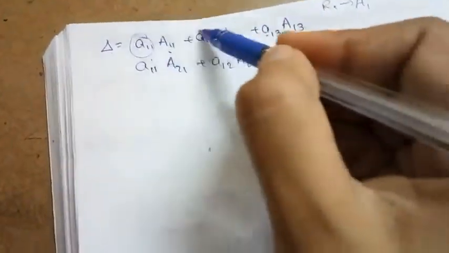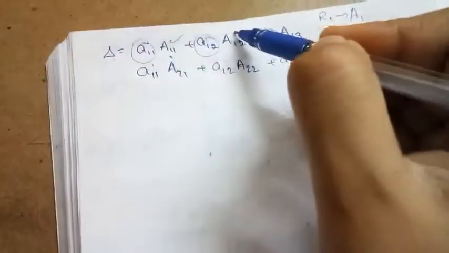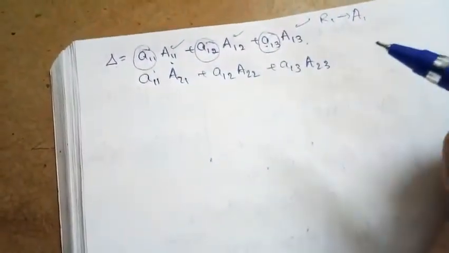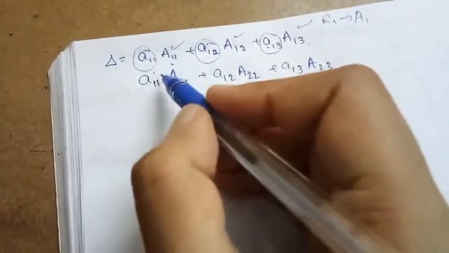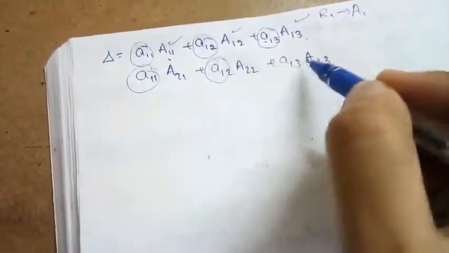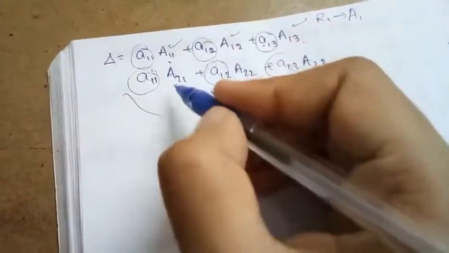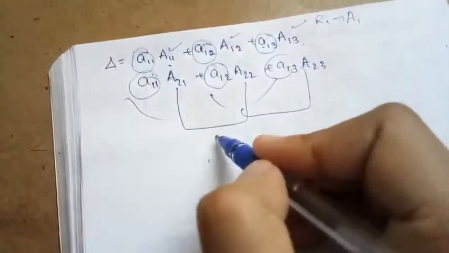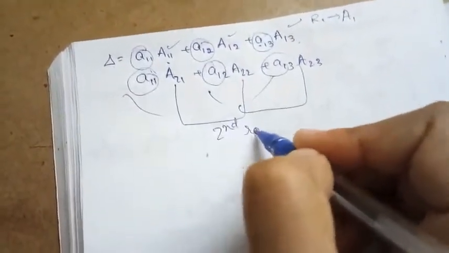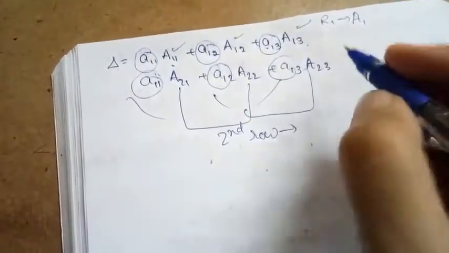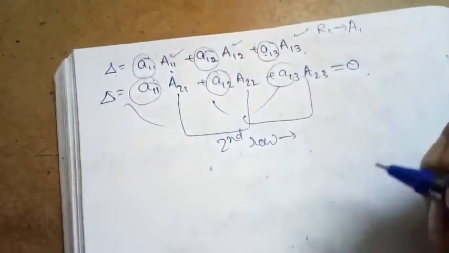In the first case, the elements are from the first row and the cofactors are also from the first row. In the second, the elements are from the first row but the cofactors are from the second row. In this case the determinant value is equal to 0.